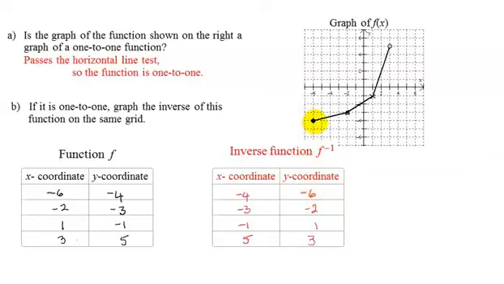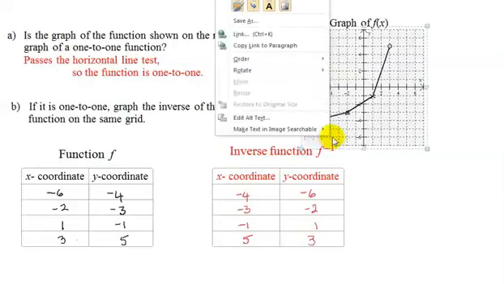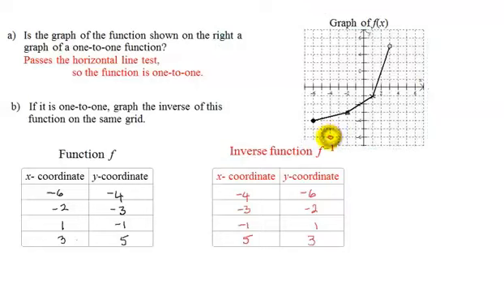Notice I started off with a solid dot on my function, so I need to do the same on my inverse. Remember, x is -4, y is -6. So I need to have a filled-in dot there. There we go, -4, -6. Slightly exaggerated solid dot. Next point, -3, -2.